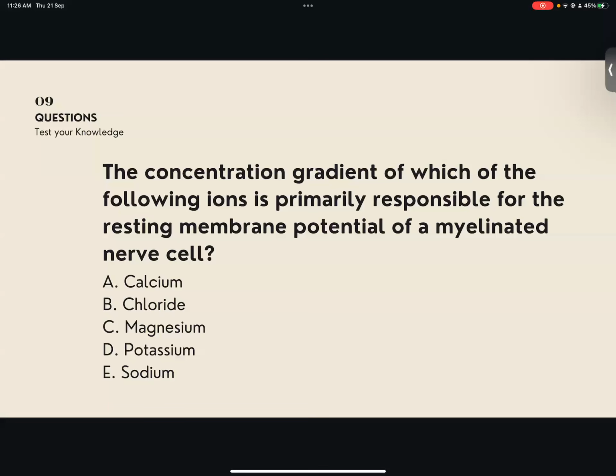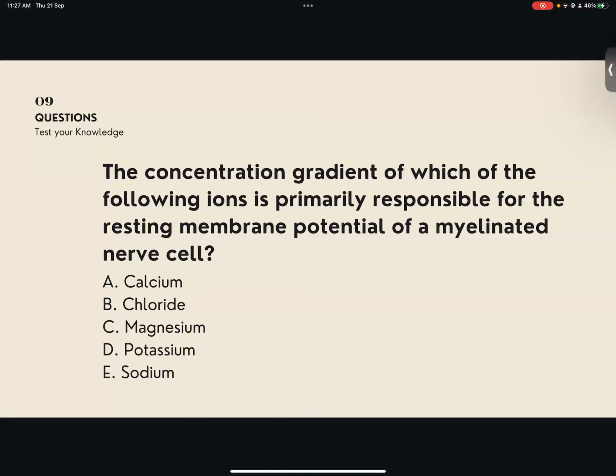Let's get into some questions, and then I'll be out of your guys' hair. So the concentration gradient of which of the following ions is primarily responsible for the resting membrane potential of a myelinated nerve cell? Okay, so we talked about chloride a little bit. We didn't talk about calcium or magnesium. We talked about potassium and sodium. Basically, what they're asking here is which ion the membrane is the most permeable to.